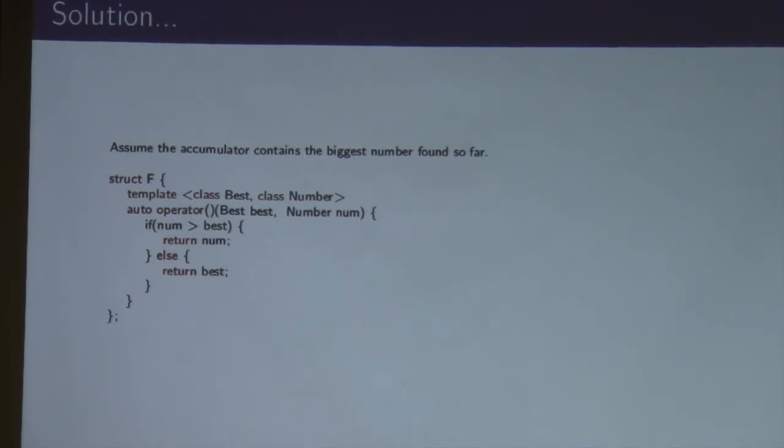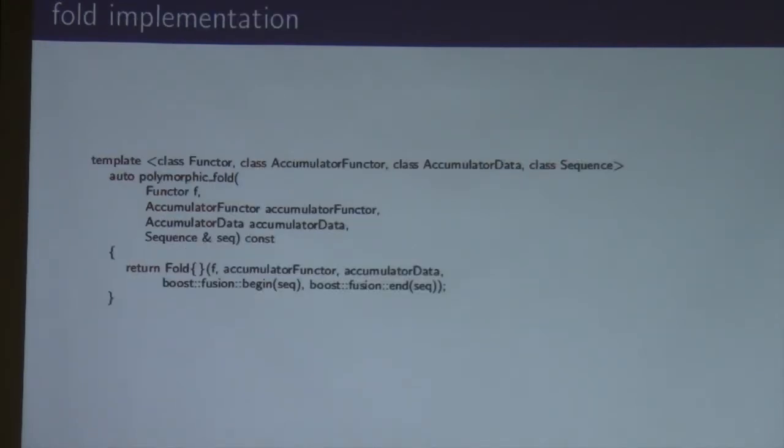In order to resolve this problem, we are going to introduce a slightly modified fold, called polymorphic fold. Normally fold takes functor, accumulator, and sequence, and now our polymorphic fold is going to take accumulator functor and accumulator data instead of accumulator.